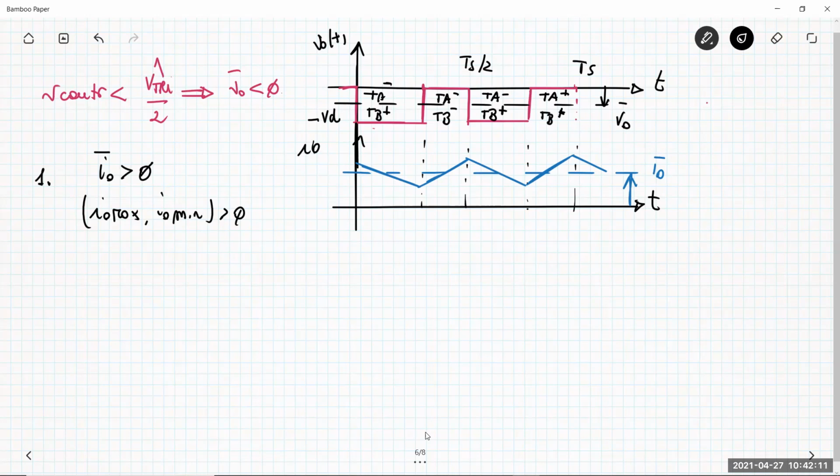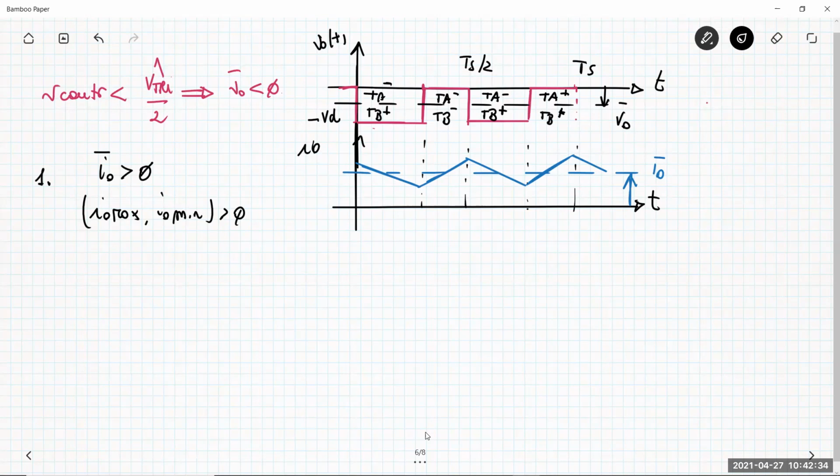Okay, how can you modulate the average value of the current I naught from positive to negative? With the same model we described before, we have to take the equivalent circuit at the DC, and so this means that you have to consider the average value of V naught, and then you have to consider the back EMF.